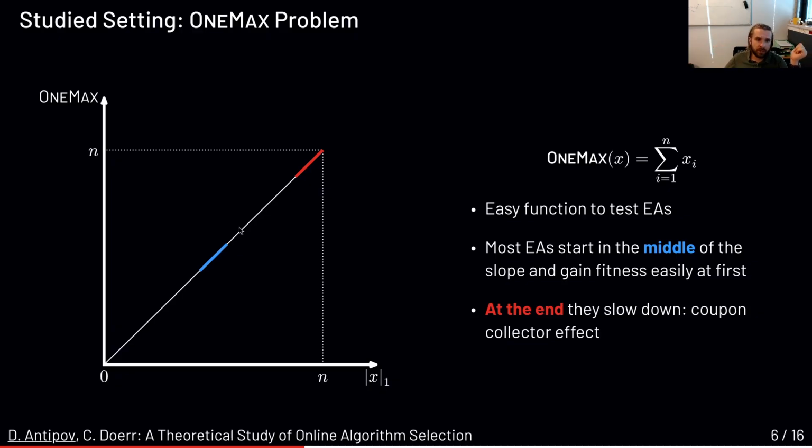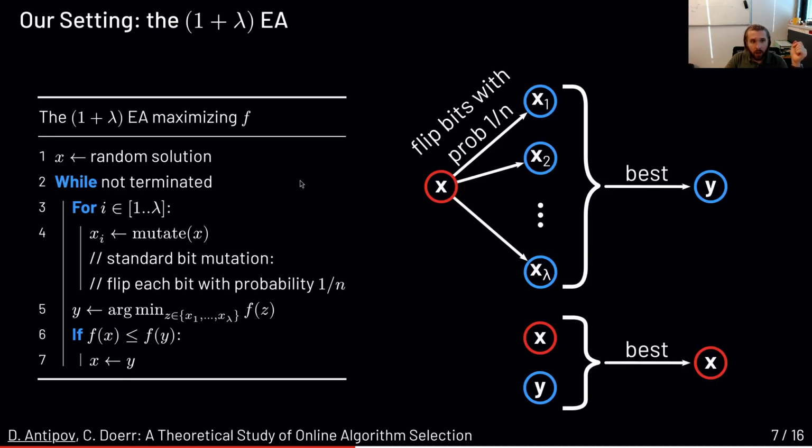And then as they increase the number of ones in the bit string, they usually struggle to find the last 0 bits to flip. The algorithms that we consider are more general than (1+1) EA. It's (1+λ) EA.